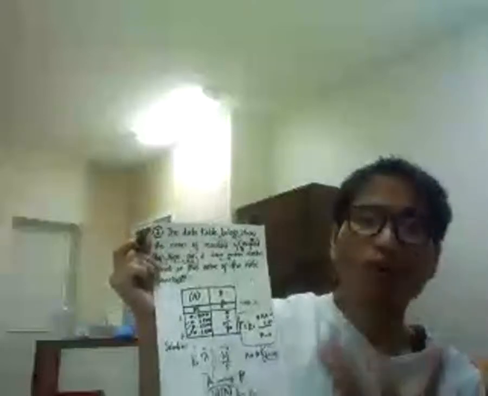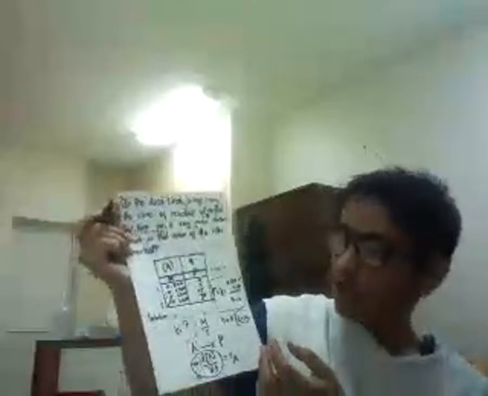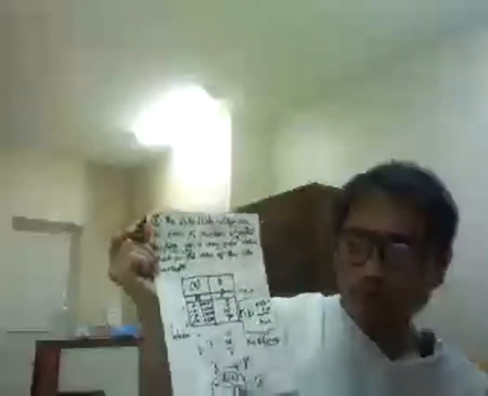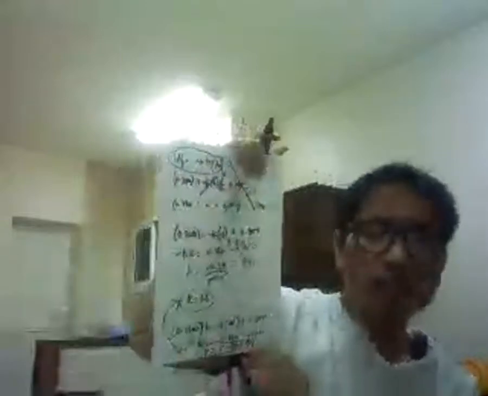So the answer is the rate constant equal to 1.6 times 10 to the negative 2. Since this is zero order, the unit of K is M over S, and this is also M over S here.